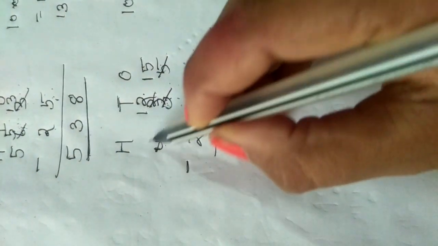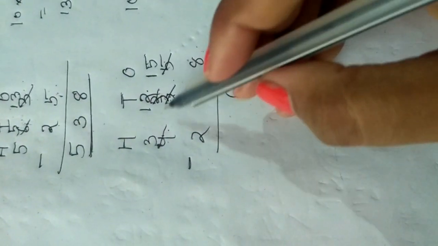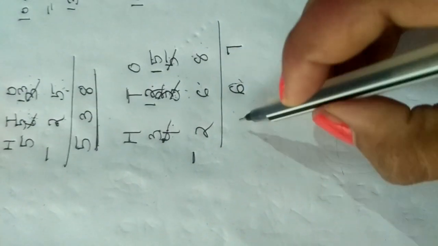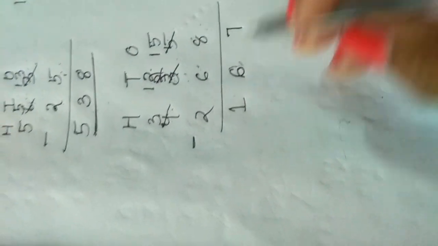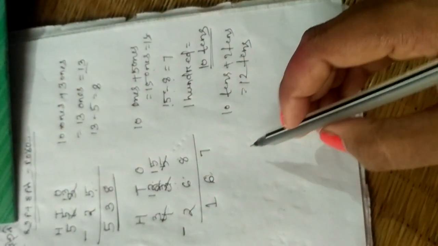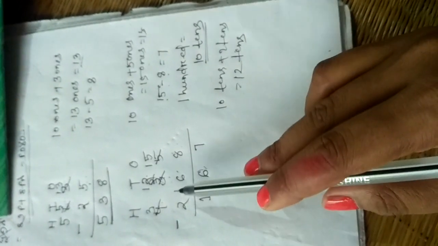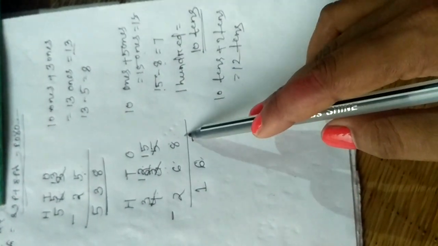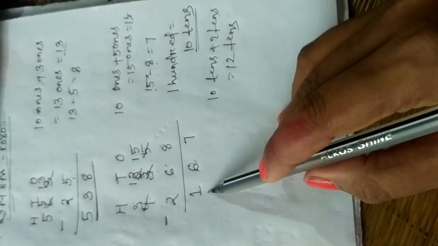We subtract 3 minus 2, which is 1. So the answer is 167. The difference between 435 and 268 is equal to 167.